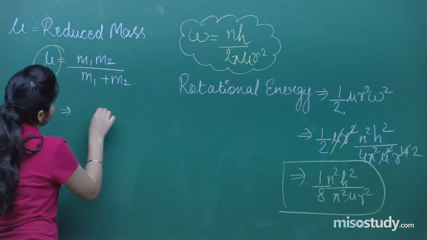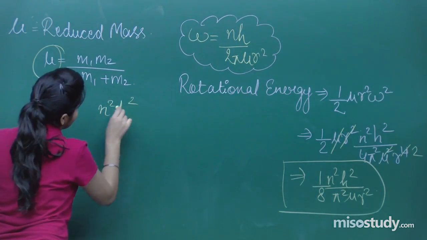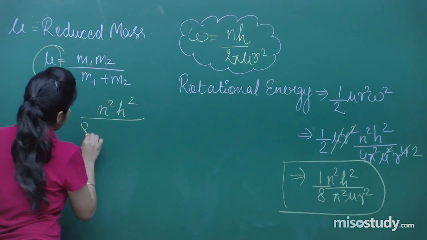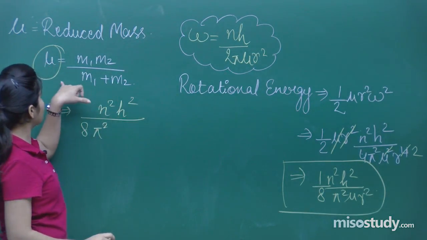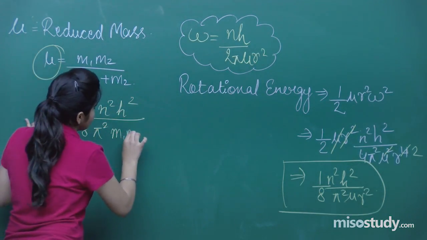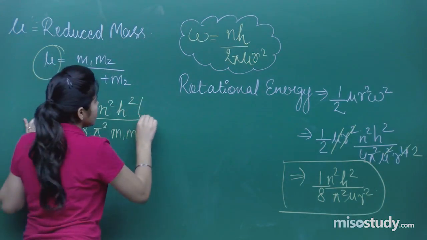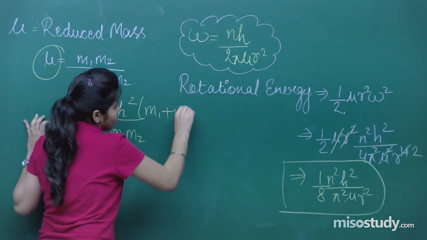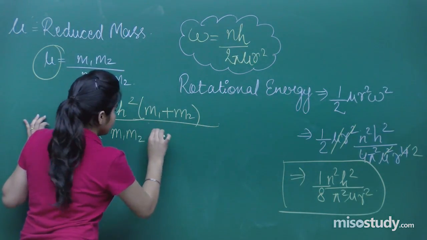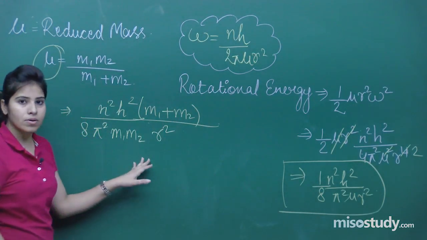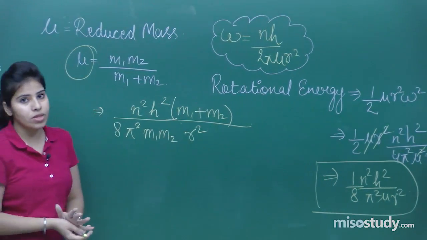I will now be writing n square h square divided by 8 pi square into mu. Now your mu is m1 m2 upon m1 plus m2 into r square, right? So this we are left with now.